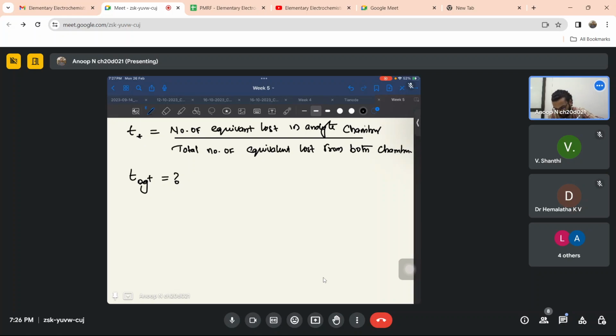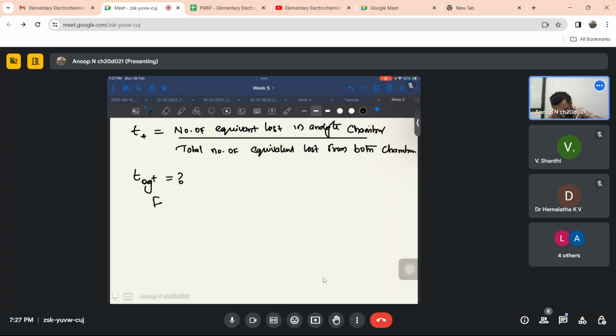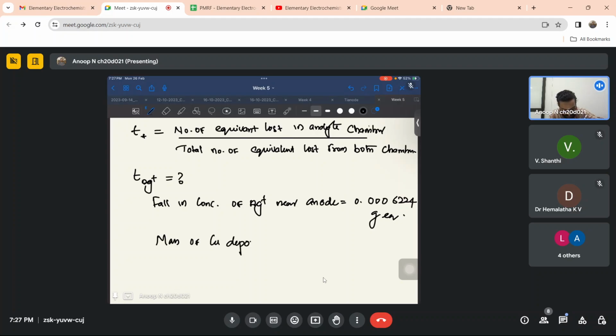Here, what is given? There is a falling concentration of Ag plus near the anode equal to 0.0006224 gram equivalent. Similarly, the mass of Cu deposited is 0.04897 gram. From this mass, you can find the equivalents of copper deposited, right?